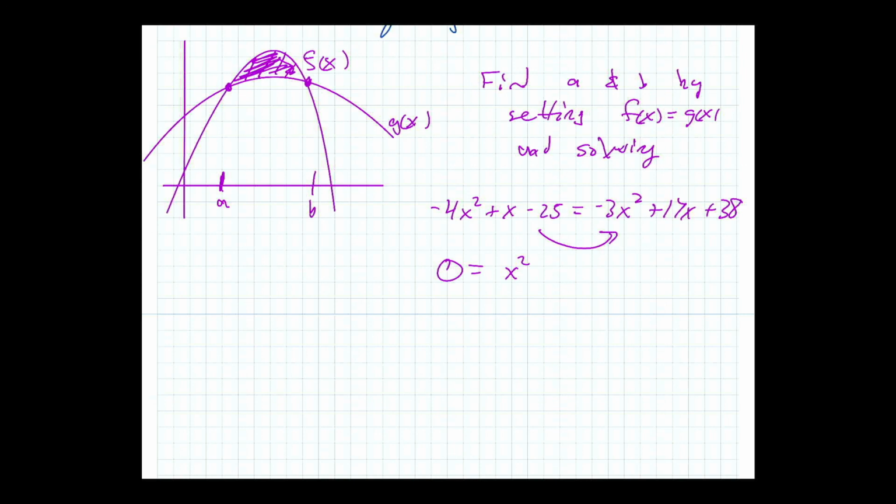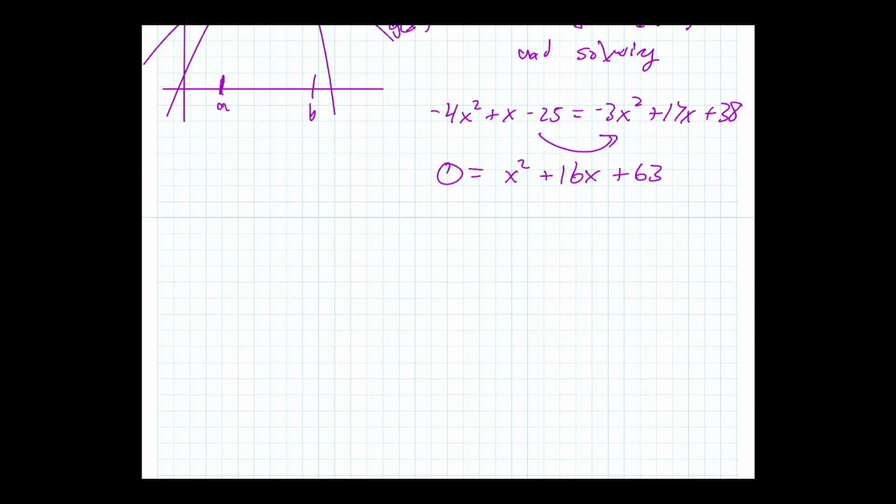So that'll be a net plus 16x. And then we got 38. We're moving the 25 over. It'll move over as a positive 25. So 38 plus 25, which is 63. So plus 63.